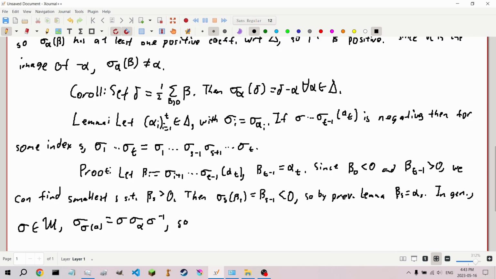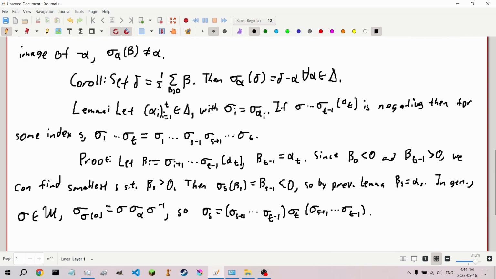Which means that sigma s is sigma s plus 1 composed through to sigma t minus 1, sigma t of sigma s plus 1 through sigma t minus 1, which gives us our lemma.